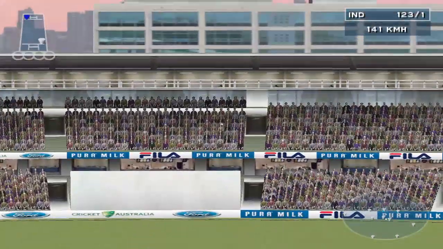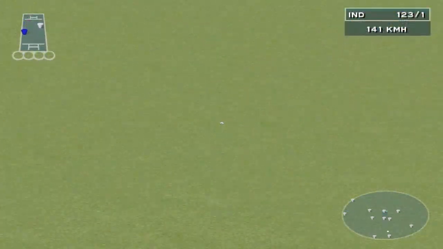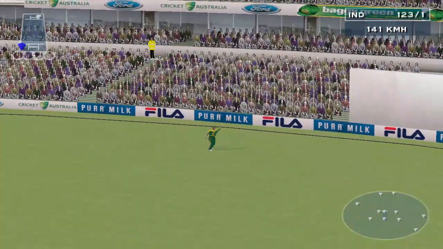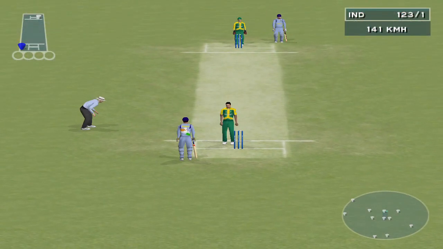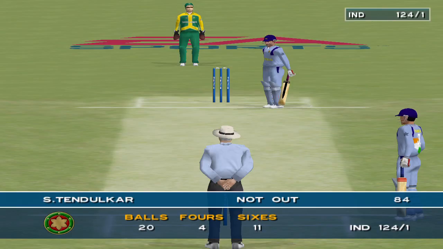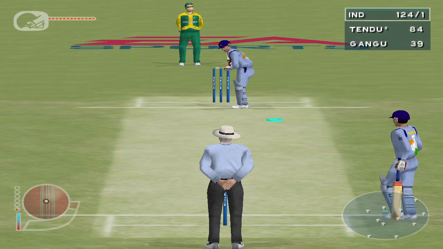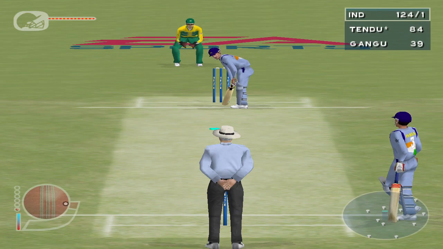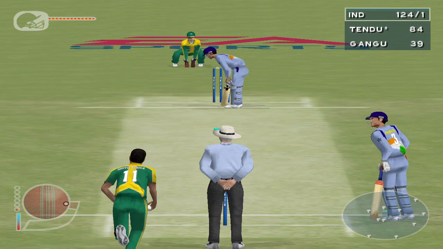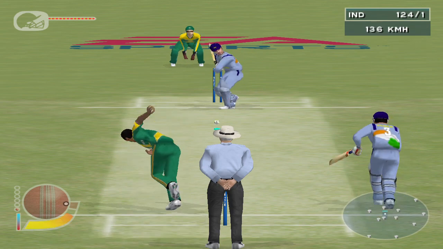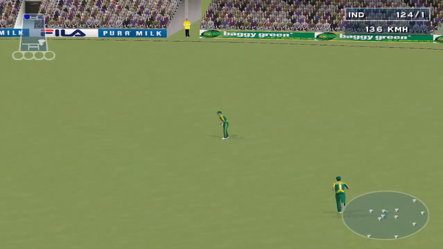Rudolph is after that one. Rudolph cuts that off. India move on to 124. Stopped by Peterson.